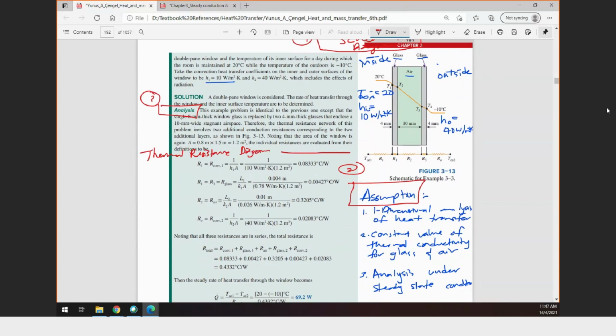This thermal resistance diagram is very useful for you to understand how many resistances are actually involved in your analysis. Because there are 3 layers, and then you have convection on both sides, left and right, in total you have 5 thermal resistances: 1, 2, 3, 4, 5.